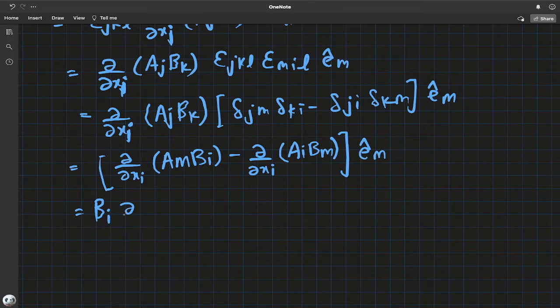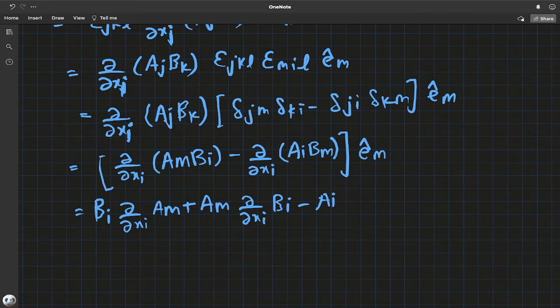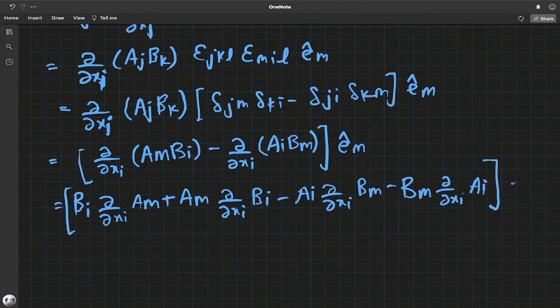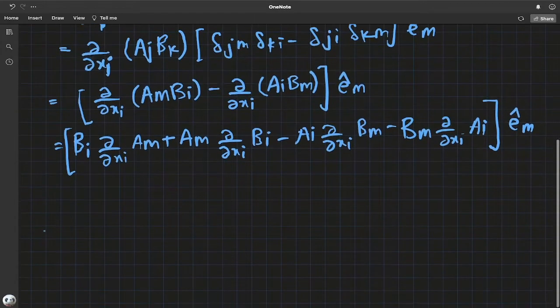Bi partial xi Am plus Am partial xi Bi minus Ai partial xi Bm minus Bm partial xi Ai, but we still have to surround this with Em.